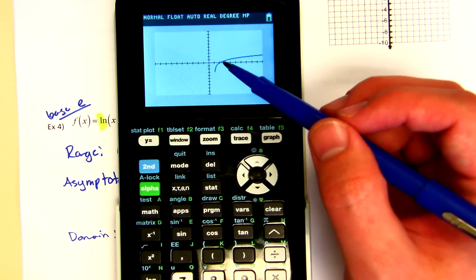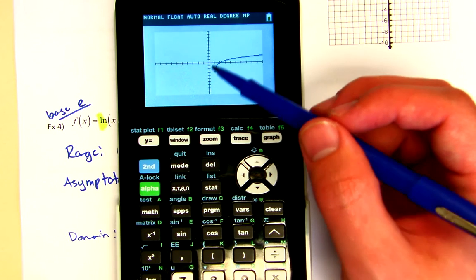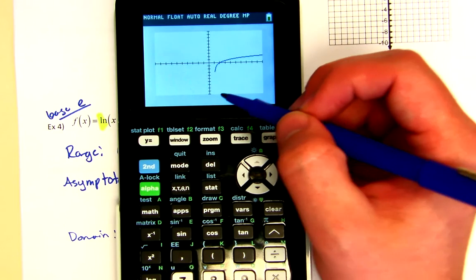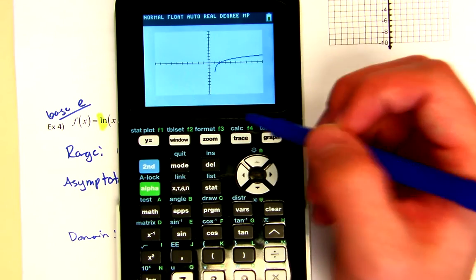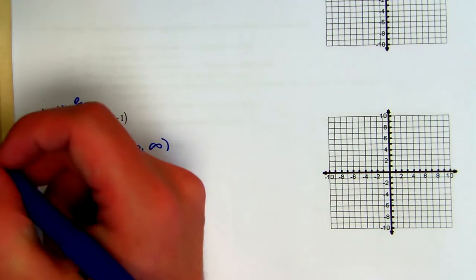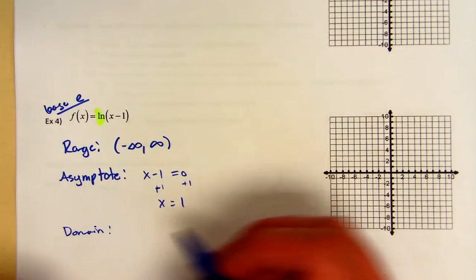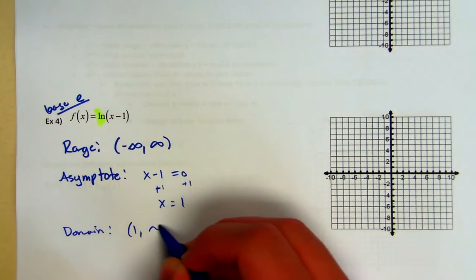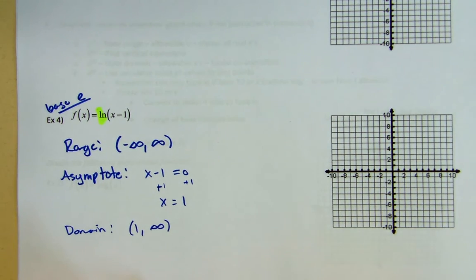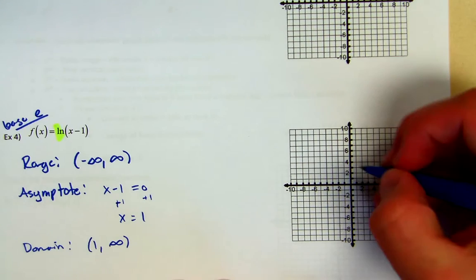Do not copy your calculator like this. It should keep going. It approaches the asymptote, so make sure that you always continue the graph in both directions. Alright, so we saw that it looked like it starts at 1 and goes to infinity. So domain is 1 to infinity. Well, it's shifted with that asymptote, as we noticed. So asymptote at 1, now I actually have an asymptote that's not 0.